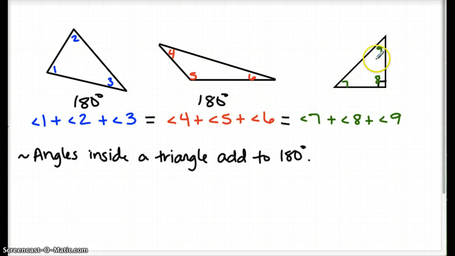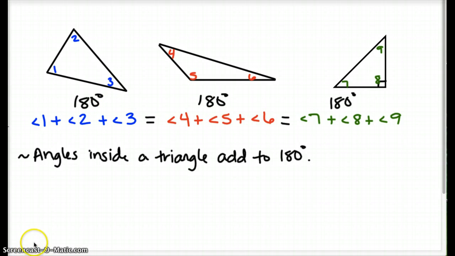And the same thing for angles 7, 8, and 9. So these three angles equal 180 degrees, these three angles equal 180 degrees, and these three angles equal 180 degrees. So therefore, the sums of all of them are going to be equal.